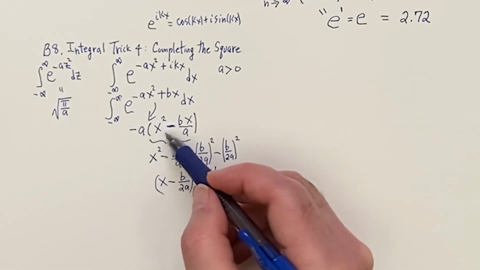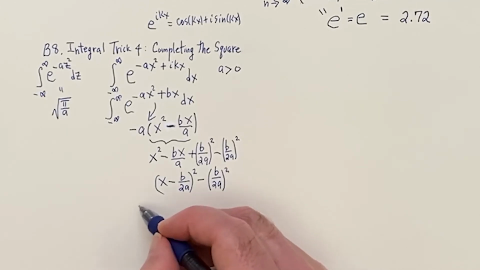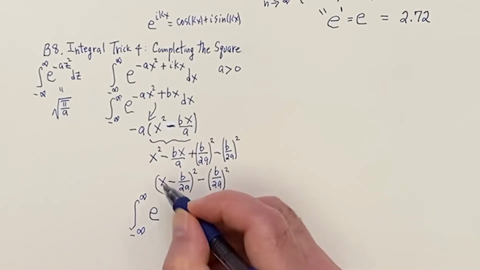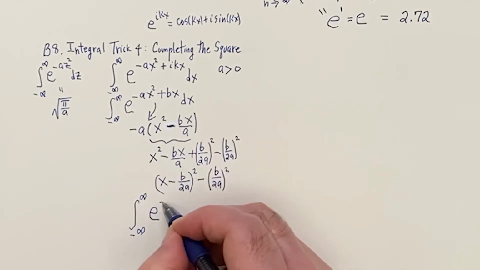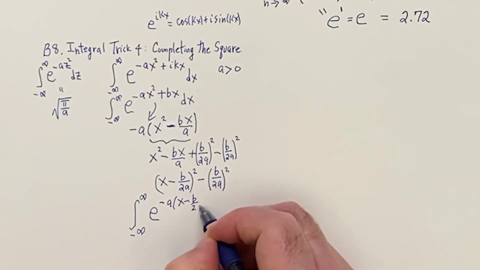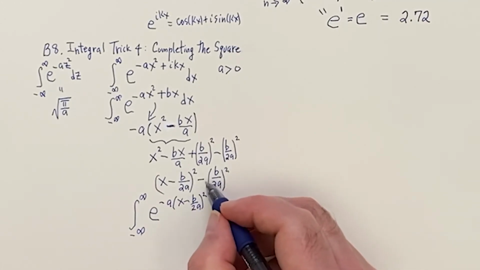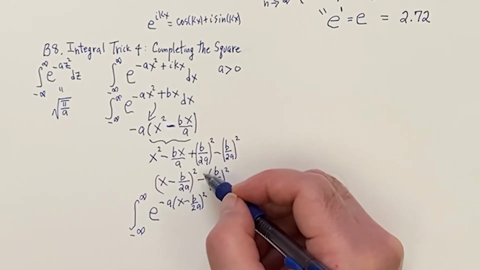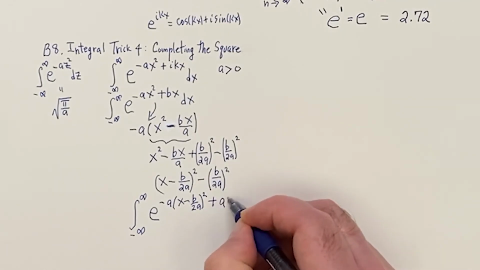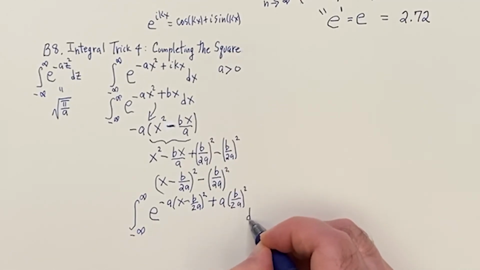So at this point, I'm going to put the minus a back in. And if you do that and then go back to the integral, you have e to the minus a times x minus b over 2a squared. And here, this will be a minus, so this will be a plus, and put the a back in, b over 2a squared dx.